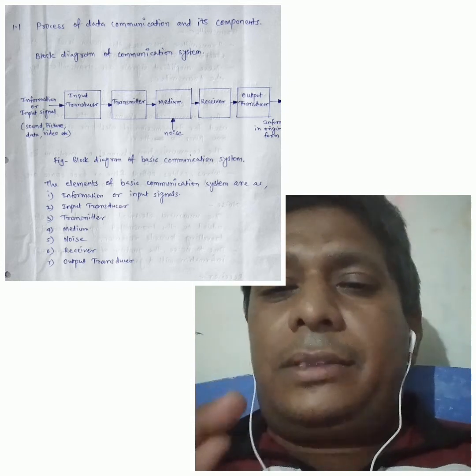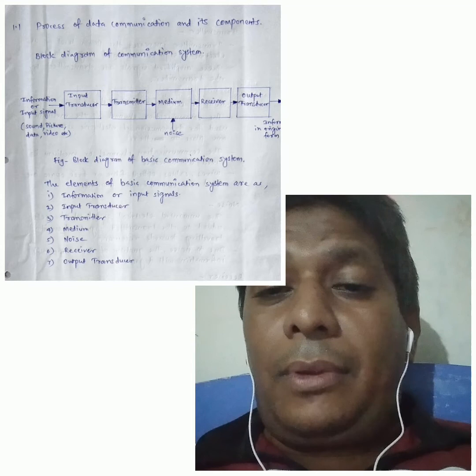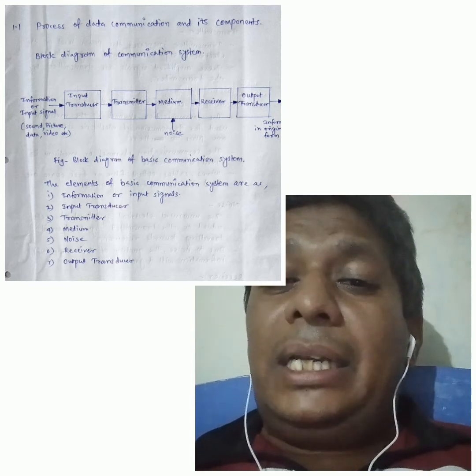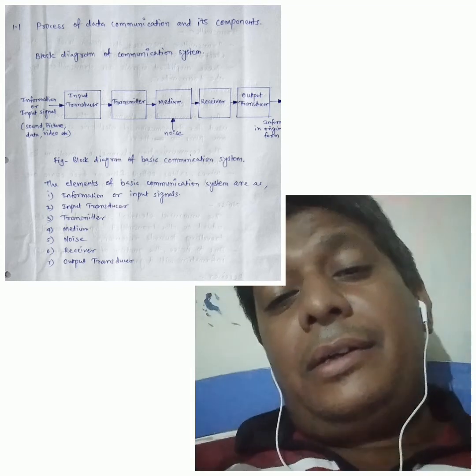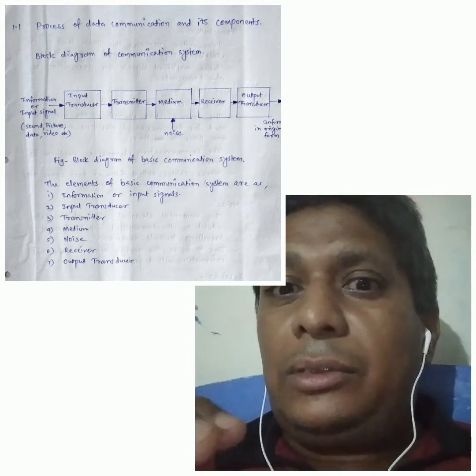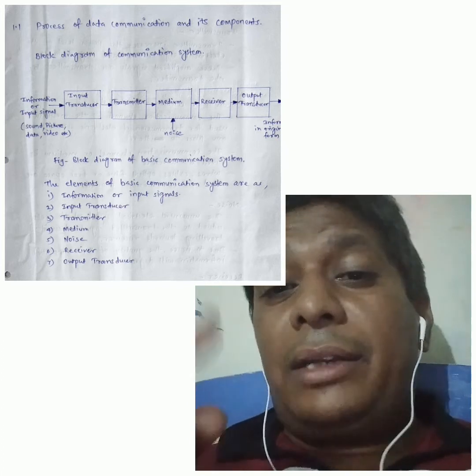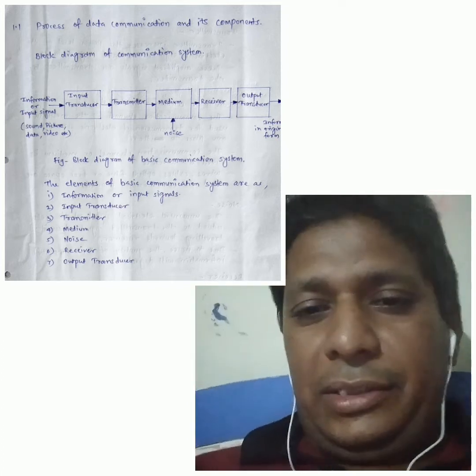The first function of the input transducer is to convert to an electrical signal. That electrical signal is sent to the transmitter. The transmitter boosts up or powers up the signal so it can travel a long distance.